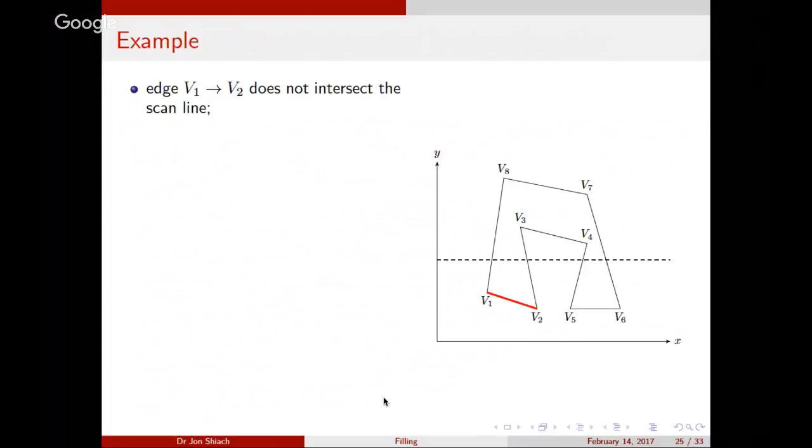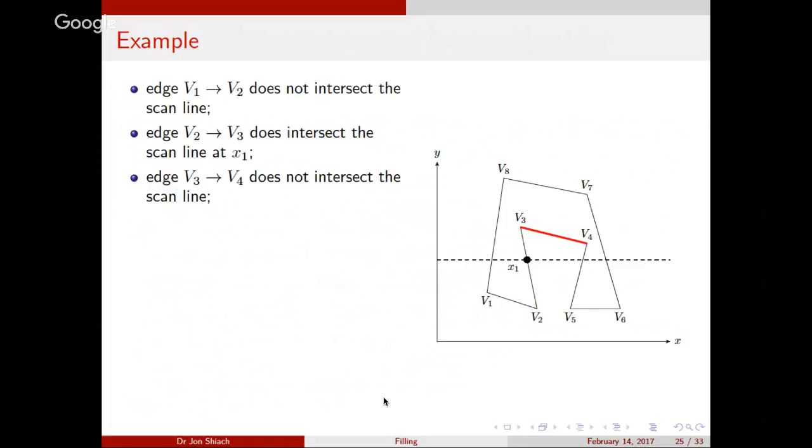If I move the scan line down to there, remember scan lines go from top to bottom, I do the same thing. V1 to V2 doesn't cross, but V2 to V3 does, and I calculate that x coordinate there. We call it x1. 3 to 4 doesn't, but 4 to 5 does, so I calculate this one, and call it x2.